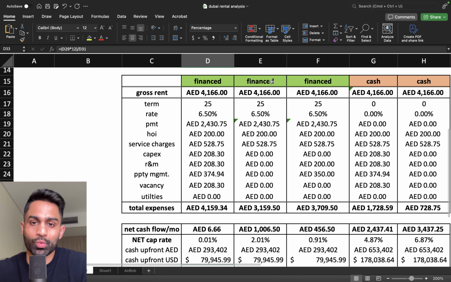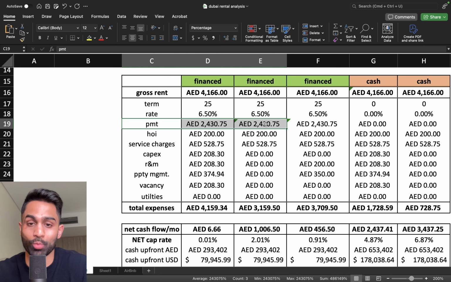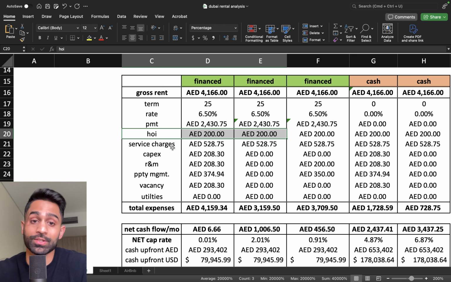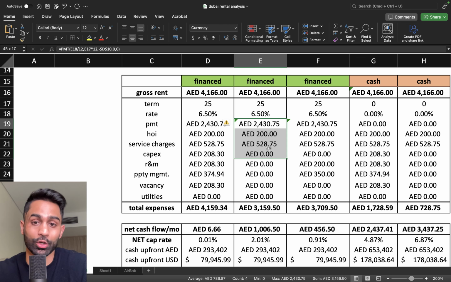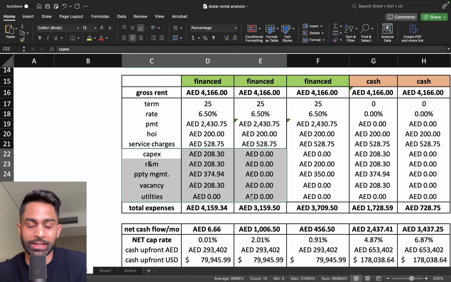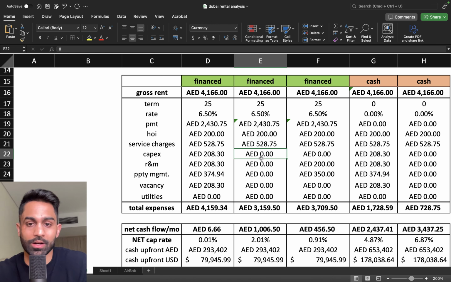Now, I also wanted to run through this example because over here you'll notice that I'm accounting for the main essentials, which is the mortgage payment, the homeowner's insurance, and the service charges, because you can't ignore these 3. You have to pay for these 3. But the other things, of course, there's some flexibility. Like I said, a lot of these buildings are fairly new, constructed 2 or 3 years ago.